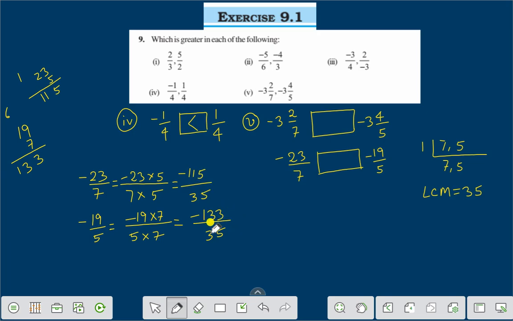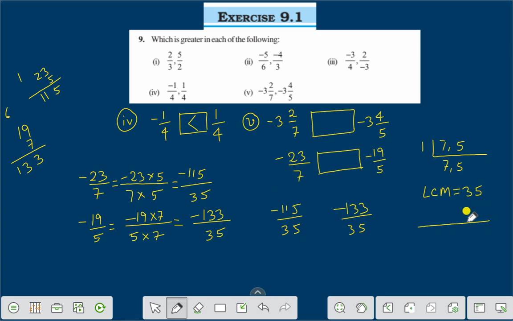Now if we compare minus 115 by 35 and minus 133 by 35, both denominators are the same. You see here that minus 115 is on the right side of minus 133. Why?